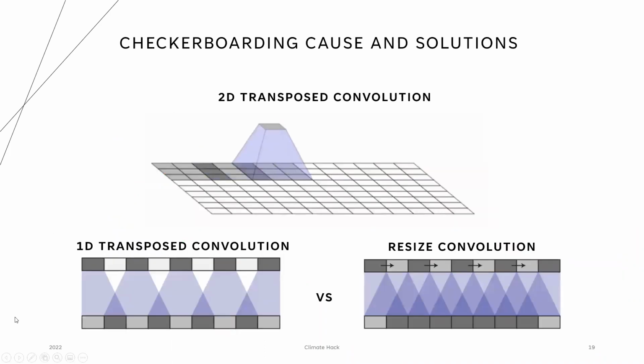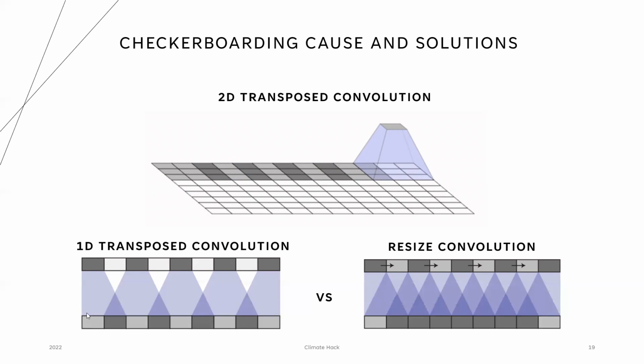So what is checkerboarding? Checkerboarding is caused by the transposed convolutions in our convolutional decoder. Transposed convolutions are a method of approximating an inverse of the convolution operator, which makes sense. The encoder uses normal convolutions, and in the decoder we use transposed convolutions to upsample our images.